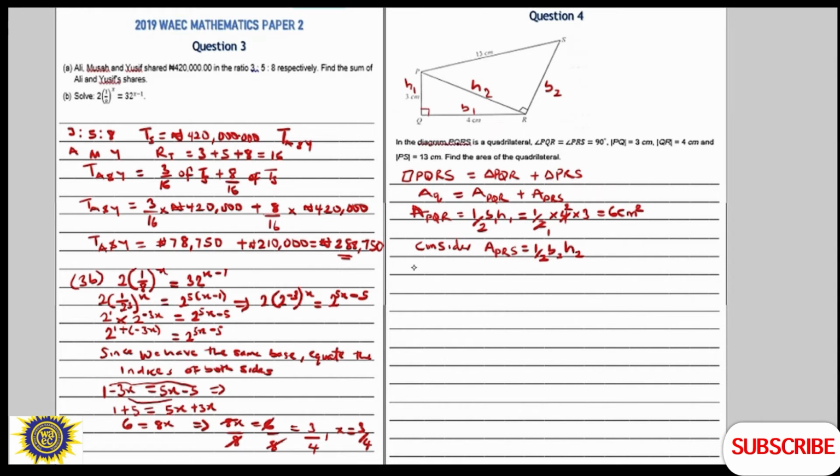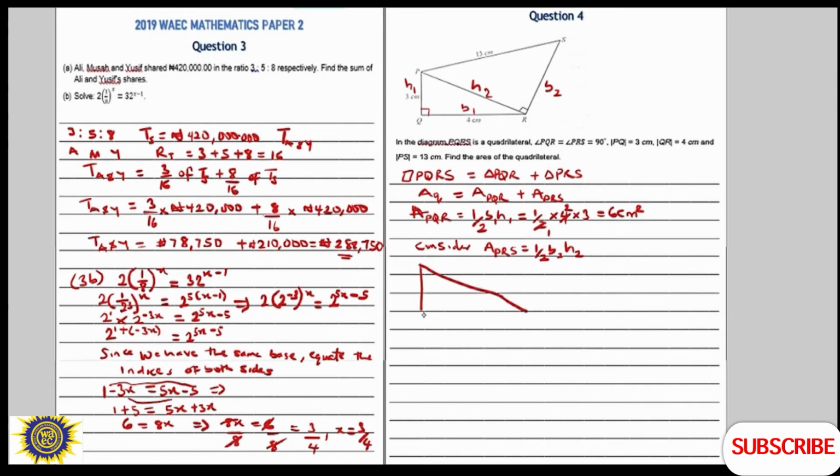So considering triangle PQR now, let's sketch it out like this. We have the triangle PQR here, and this triangle has H1, B1, then we have H2 here.